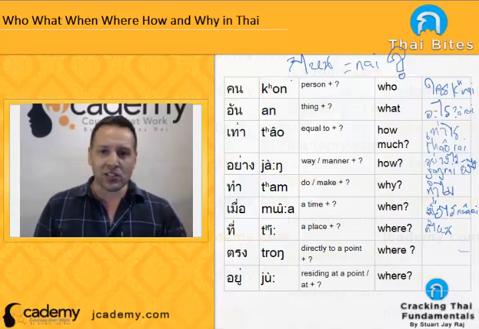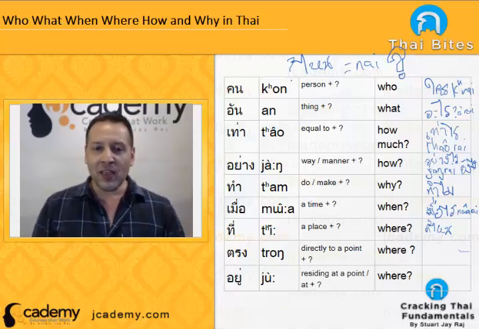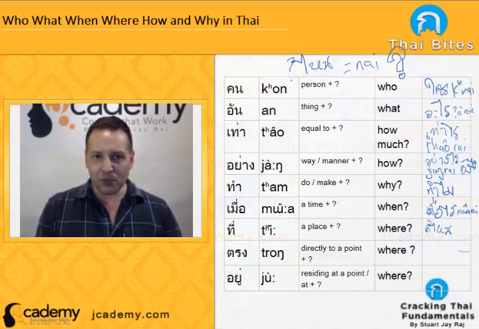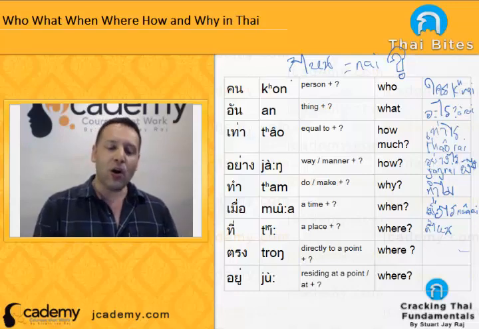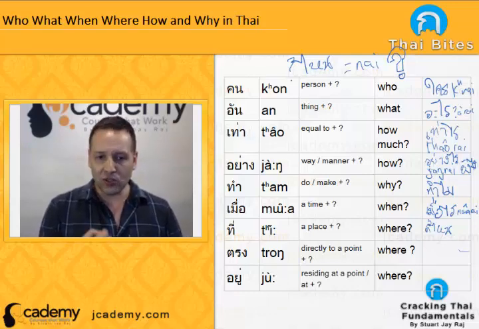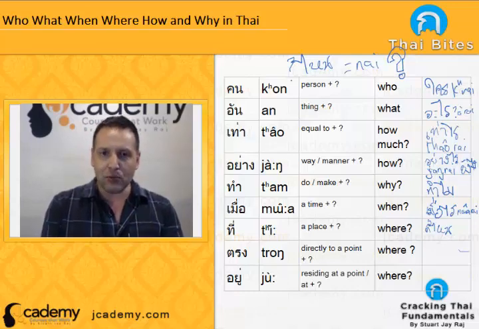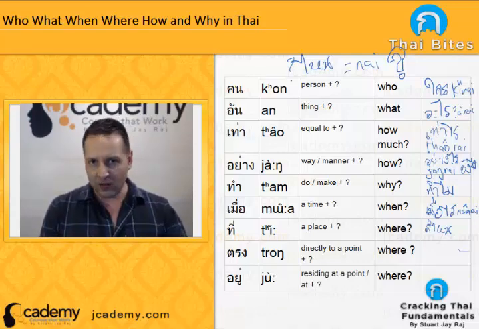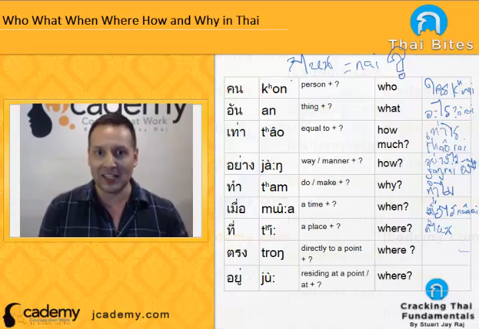Go back over this clip over and over again, learn them, and then go out and start using them as Thais use them. Just try not to use them just like we do in English, because you'll find that you can have a whole new lease on your ability to make meanings, by thinking of these WH words as a noun plus just a question rather than what, when, why, who, where in English.